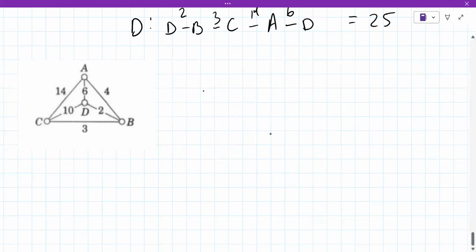So the best path is to go A to B to C to D to A. Could you calculate that for us, please? 23. 23. And notice that's way better than all the other ones. So why is that?